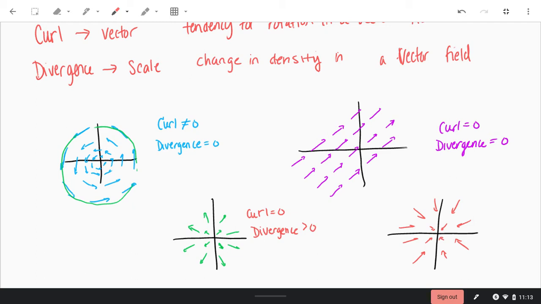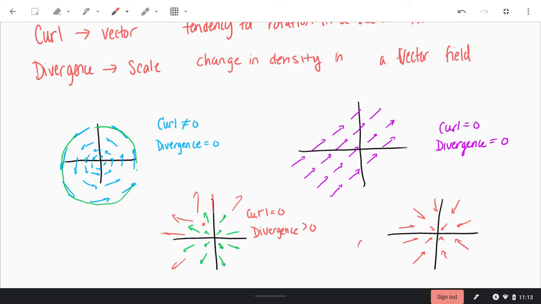At any point that we look at, that vector field is pushing out from there. We kind of have what would be called a source at the origin that pushes everything away. And so we are getting less dense as you move away and you're moving with the flow. As you move with the flow, you get to less dense areas.